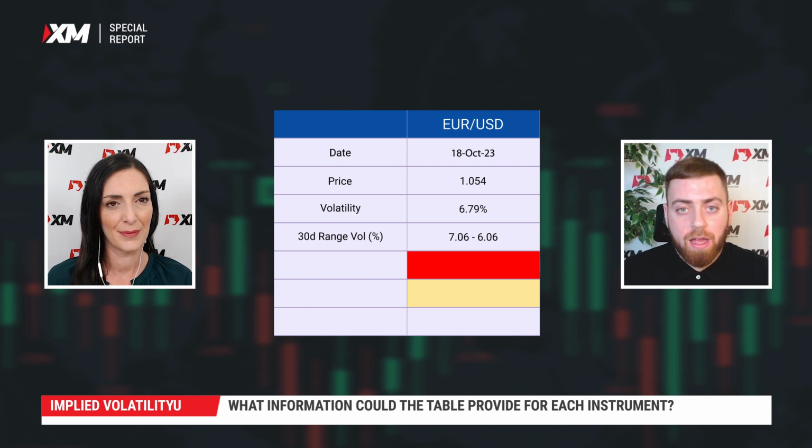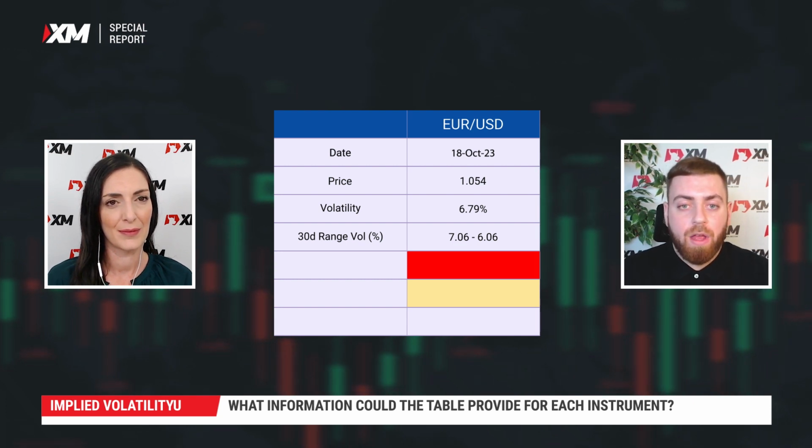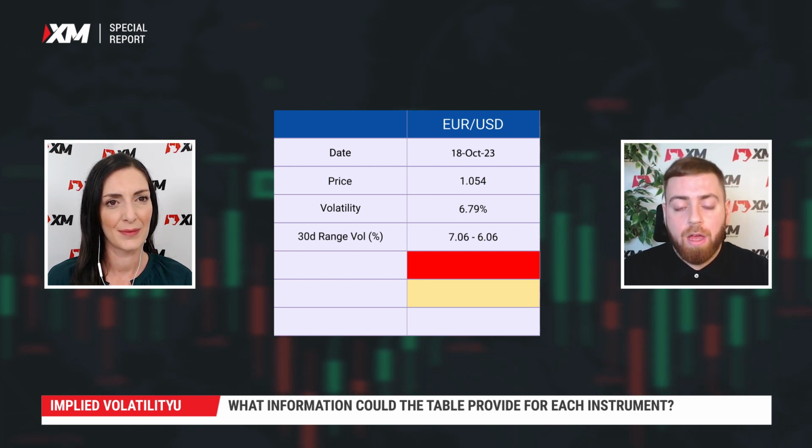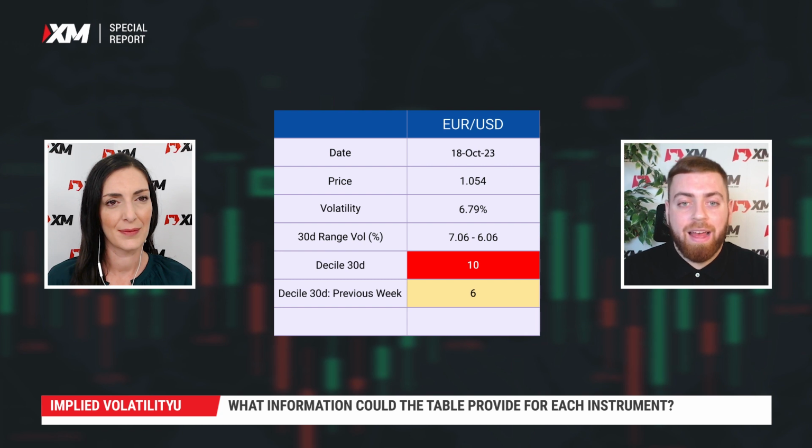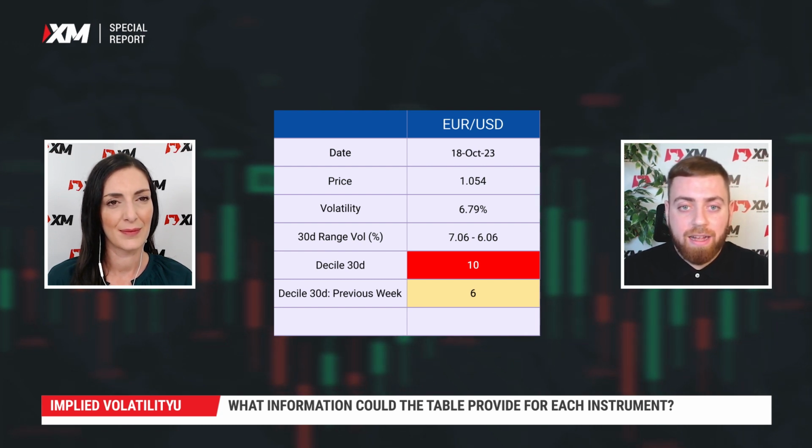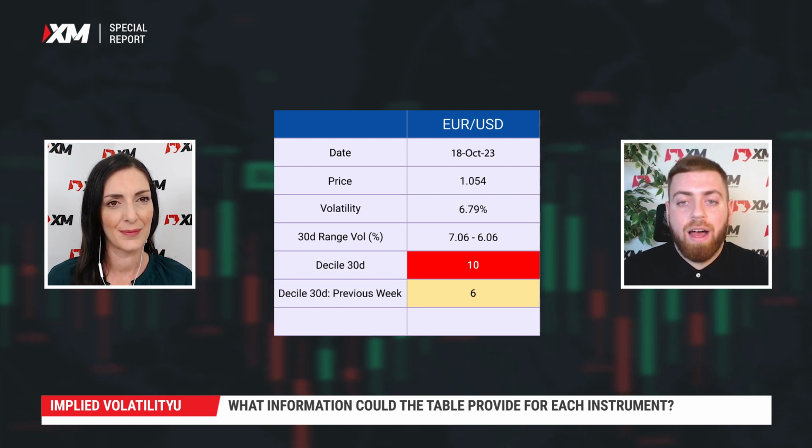We do this by comparing the current level of implied volatility with the recent past through the use of deciles. Put simply, being in the highest decile, 6 and above, means that current implied volatility is higher than the values of half of the previous 30 days.